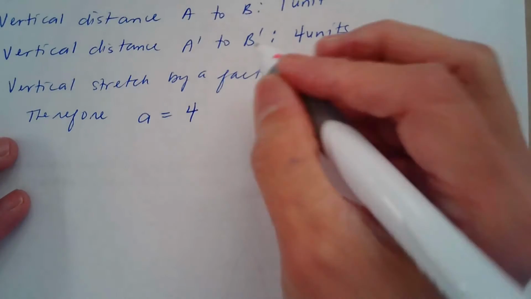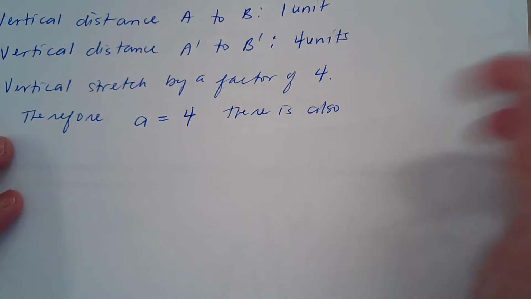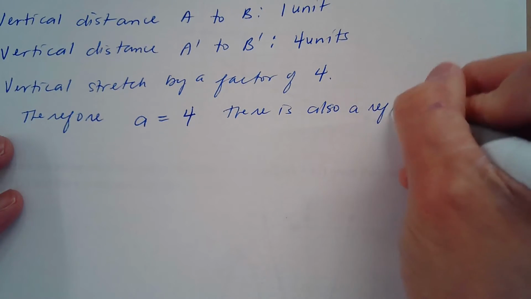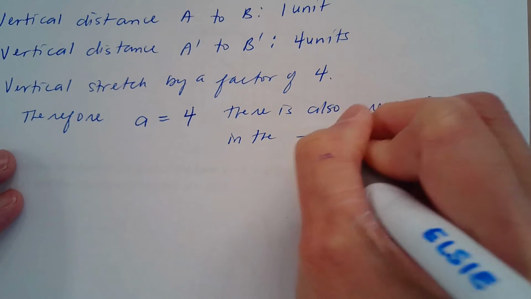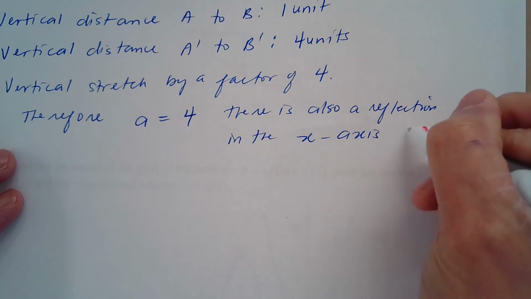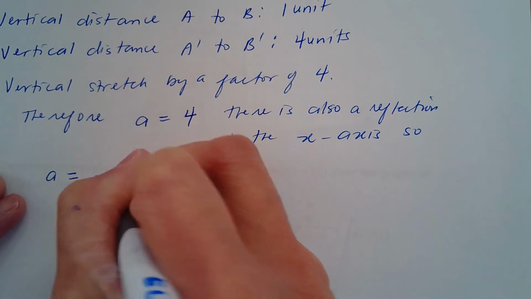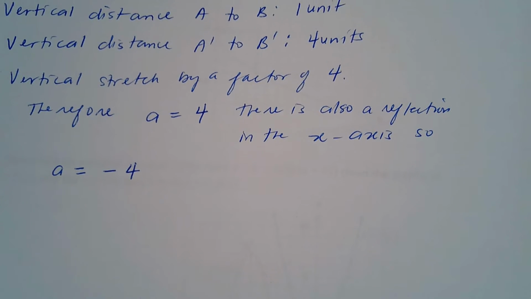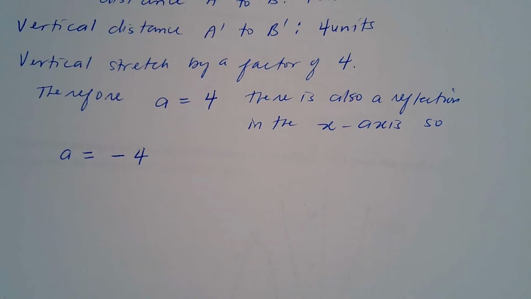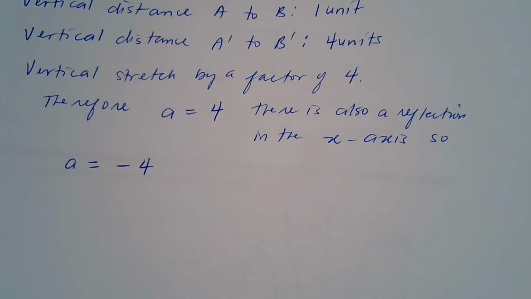So there's also a reflection in the x-axis, so A is really -4. Okay, A is equal to -4. Okay, good. So we figured out the B and we figured out the A.